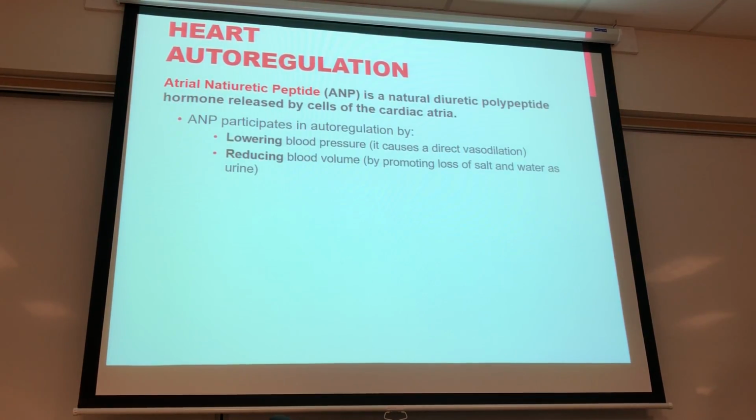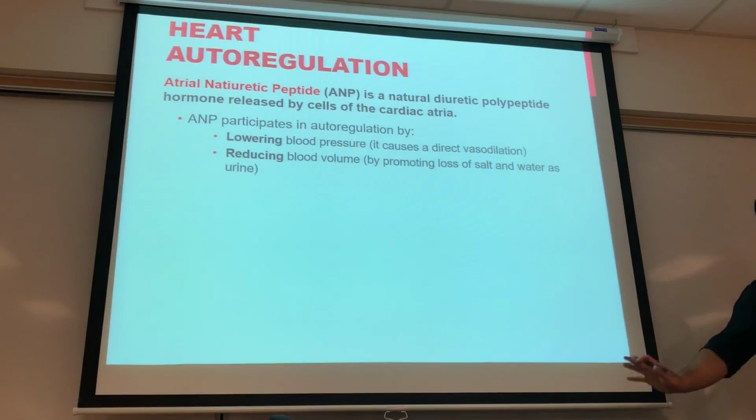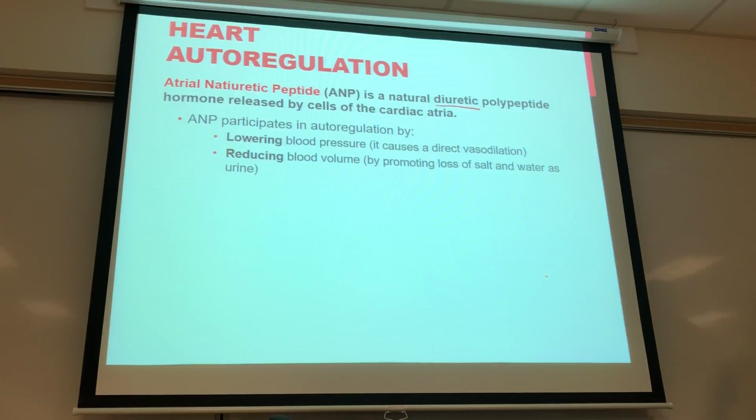The last of the hormones is called atrial natriuretic peptide. This is a hormone that we haven't quite talked about, but it's secreted by the atria. Why is it important? Well, it's a diuretic. So the stretching of the atria due to increased blood flow from the vena cavas into the right atria is going to cause lowering of blood pressure.